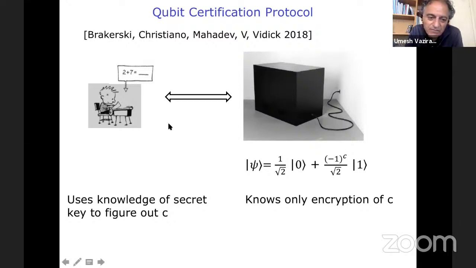On the other hand, the verifier is classical, so the verifier has no ability to actually work with this qubit. But once this encryption is revealed to the verifier, the verifier can use the knowledge of the secret key to actually figure out which qubit the prover is holding. And this turns out to be really the basic building block of all these protocols.